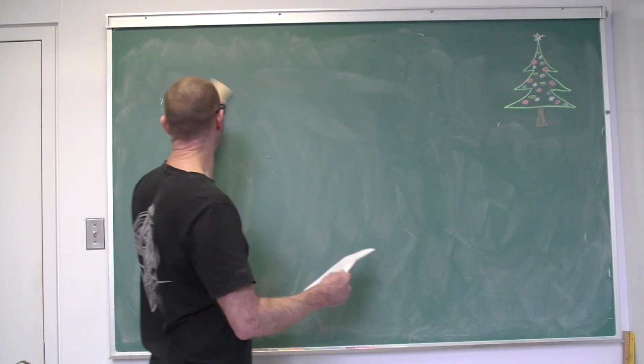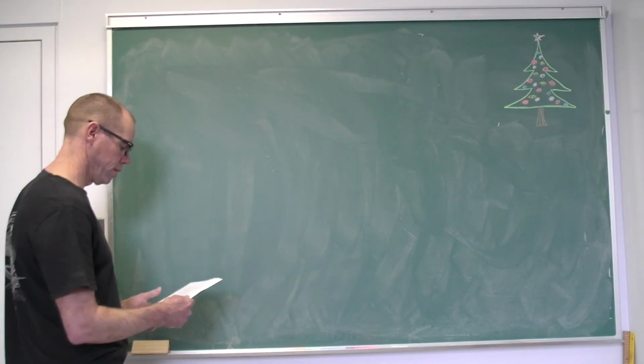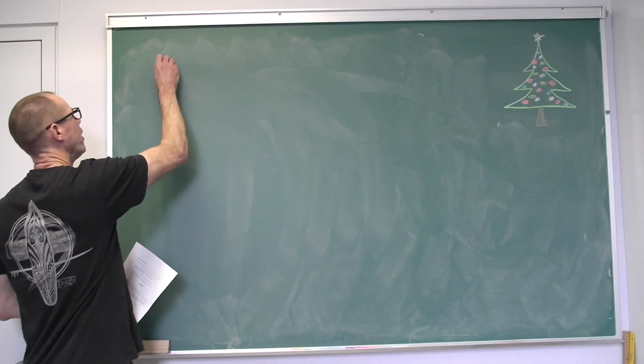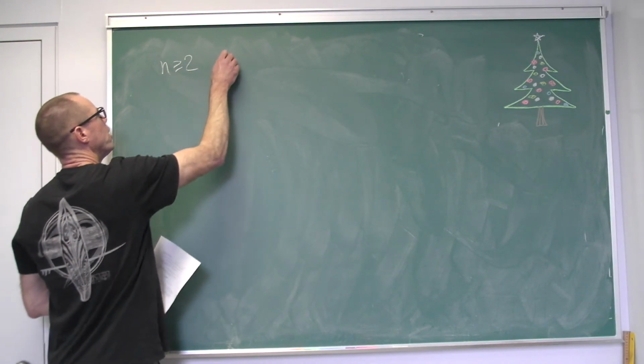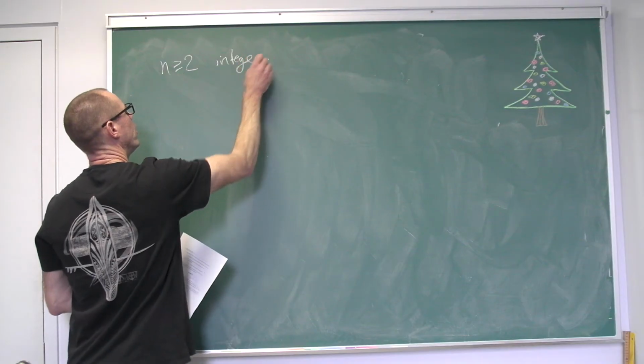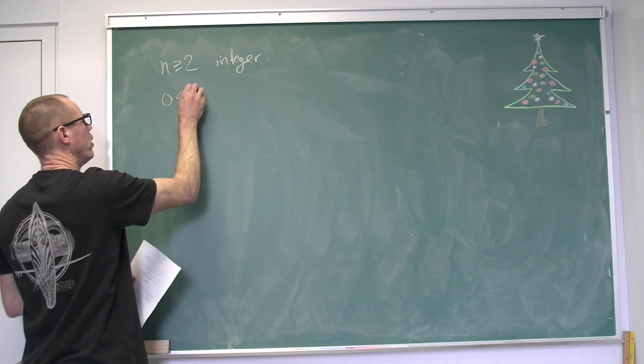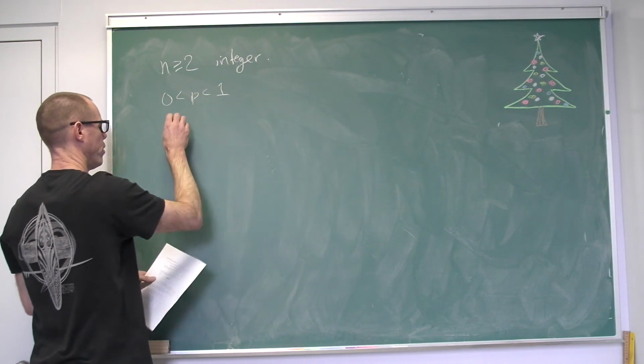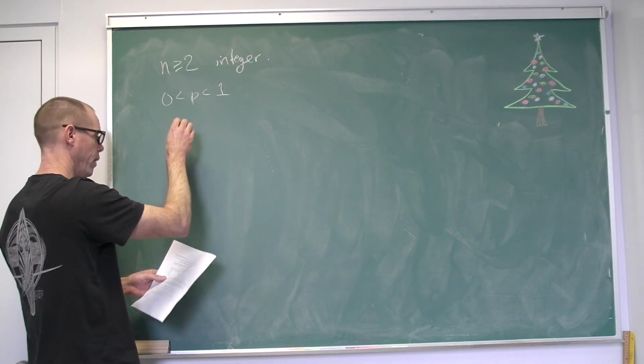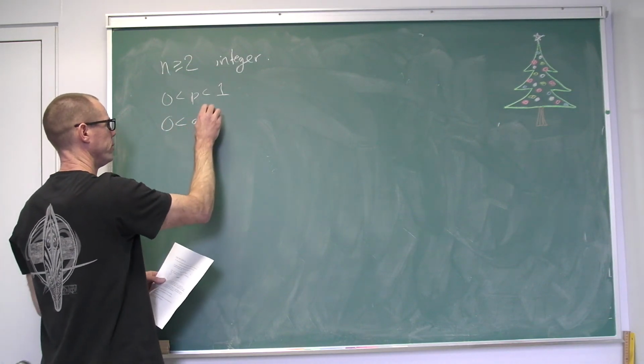So it sounds like p and q are two probabilities. So n bigger than or equal to 2 is an integer. P is between 0 and 1, and so is Q.